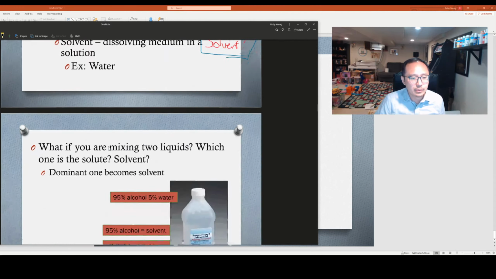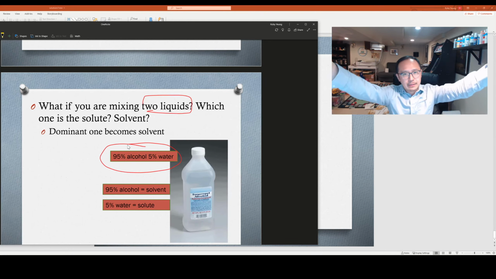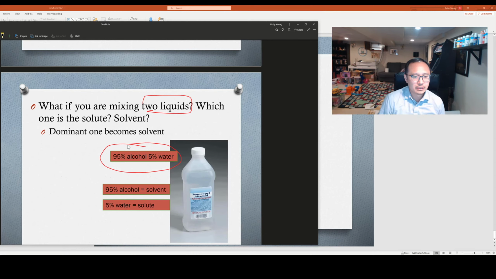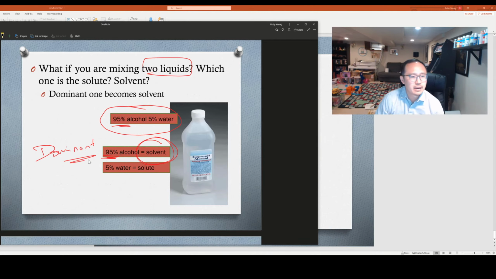However, what if you were to mix two liquids here, right? What happens when you're mixing a bunch of these hand sanitizers that we use, right? So this is isopropyl alcohol, and this is 95% alcohol, incredibly strong, right? So how do we define which one is your solute and which one's your solvent? One big thing that's really easy is that the solvent is the one with the higher percentage, or the dominant one. Okay, so this is your dominant one.